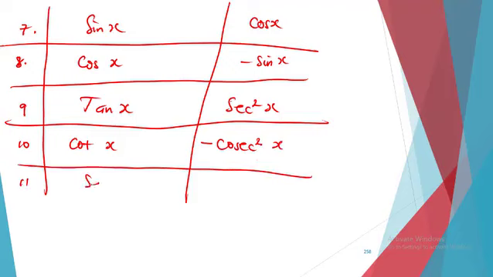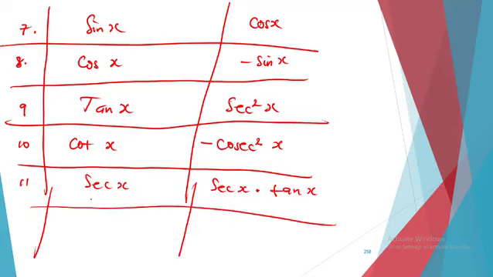When we have sec x, if you differentiate sec x, then you have sec x times tan x. Okay. Then number 12, if we differentiate cosec x, then we have our answer to be minus cosec x times cot x. Okay.